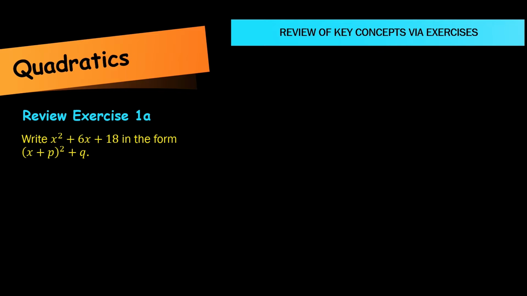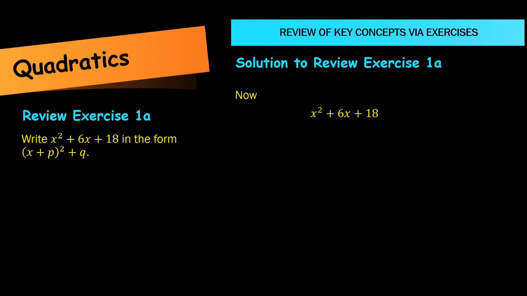We will now proceed to solve review exercise 1a. Write x² + 6x + 18 in the form (x + p)² + q. Now, x² + 6x + 18 is equal to (x + 6/2)² − (6/2)² + 18.